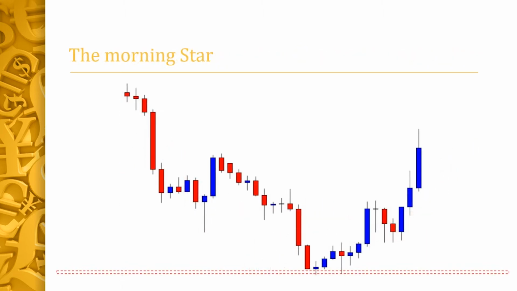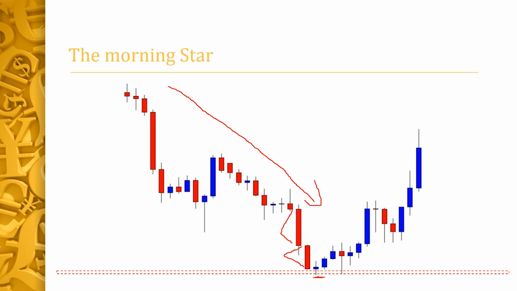So the first one is the morning star. As you see here, this star down here, the market was trending very strongly to the downside. You see how big those two candles at the end are, and then all of a sudden you get this star at the support level.